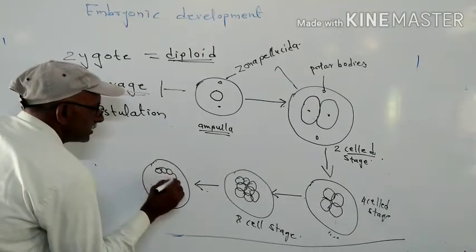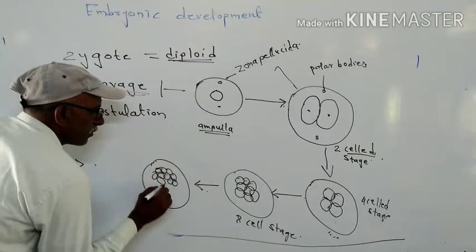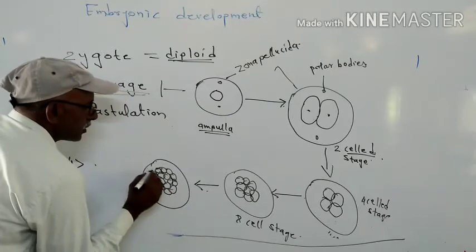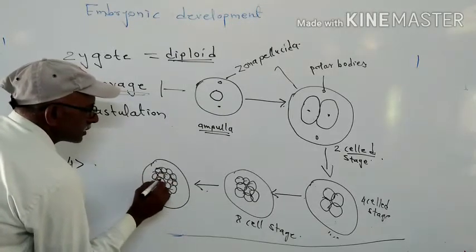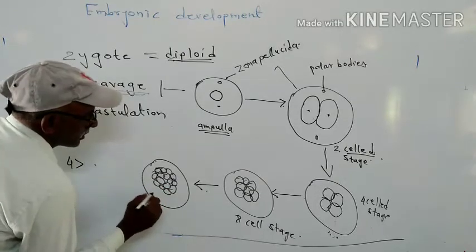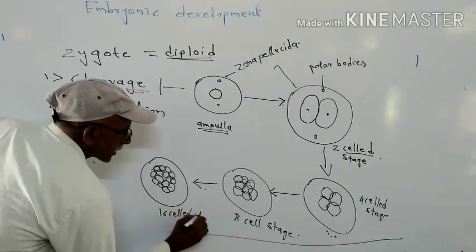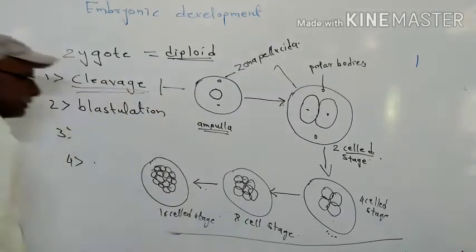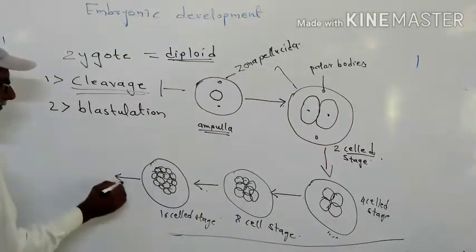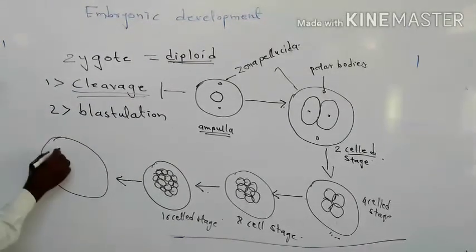Then again there is a division, and near about 32 cells are formed.